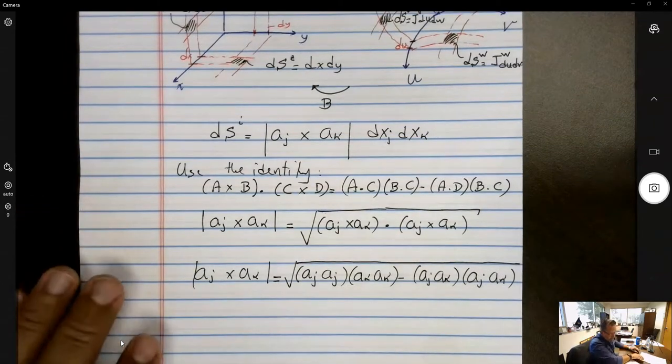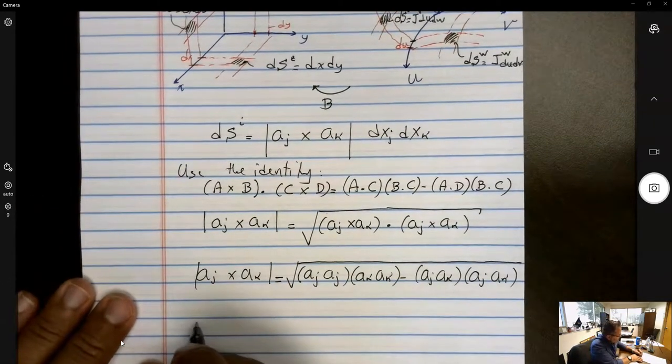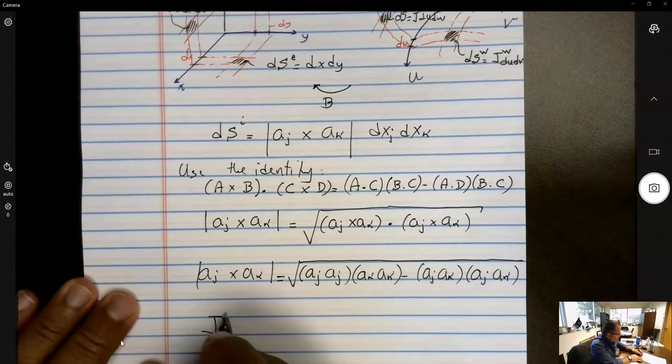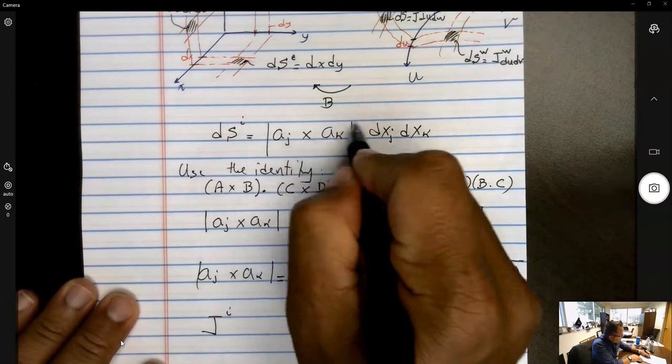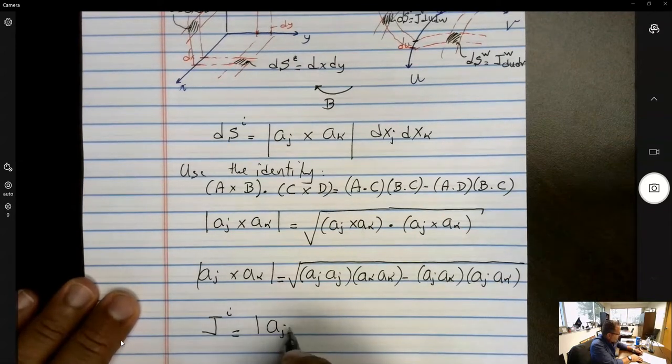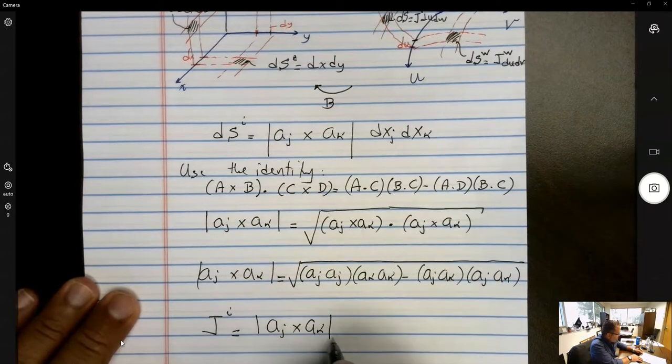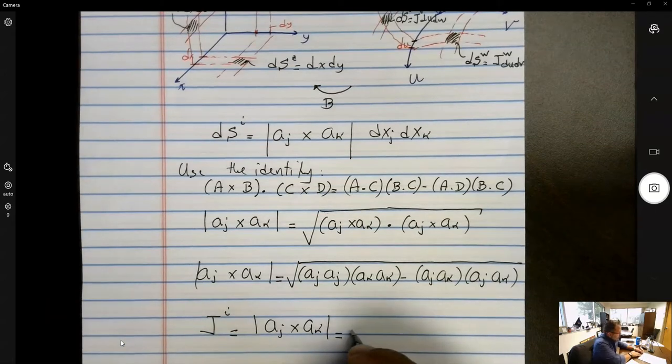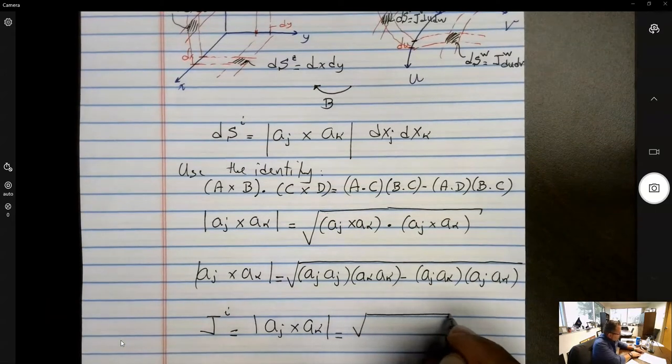Right? So the Jacobian of direction I, which is this one here, is equal to the magnitude of AJ cross AK, which is equal to the square root of GJJ GKK minus GJK squared.